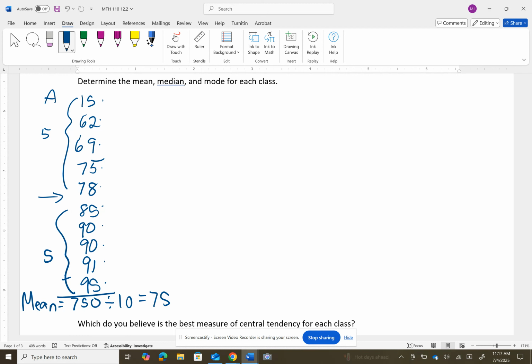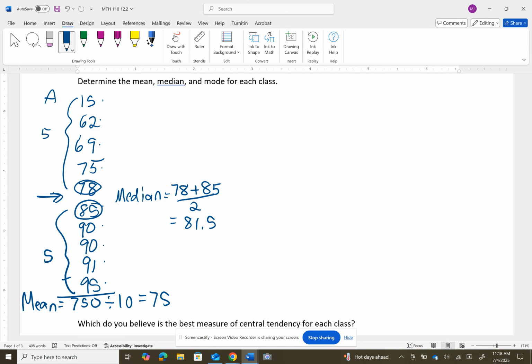So what you do in a case like that, and this is for the median, is you'll average the 78 and the 85. So you'll add them and divide by 2. And when you do that, you wind up getting 81.5. So the median isn't necessarily going to be an actual number in the data set. We had an even number of data values, so there was no clear middle number. So you go in and you take the two middle numbers and you just average them.